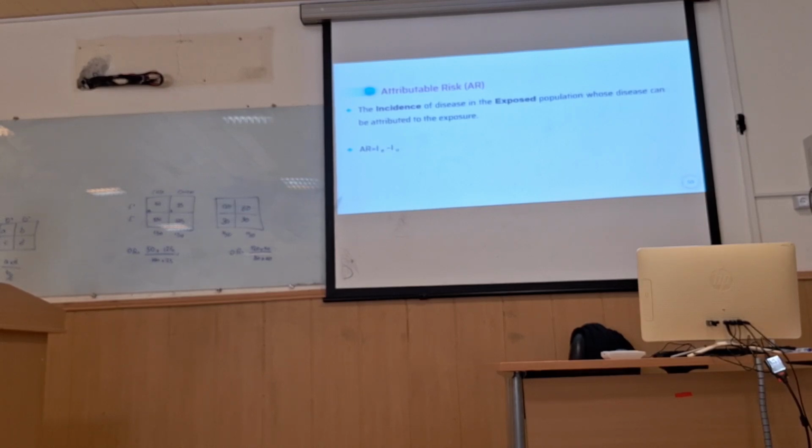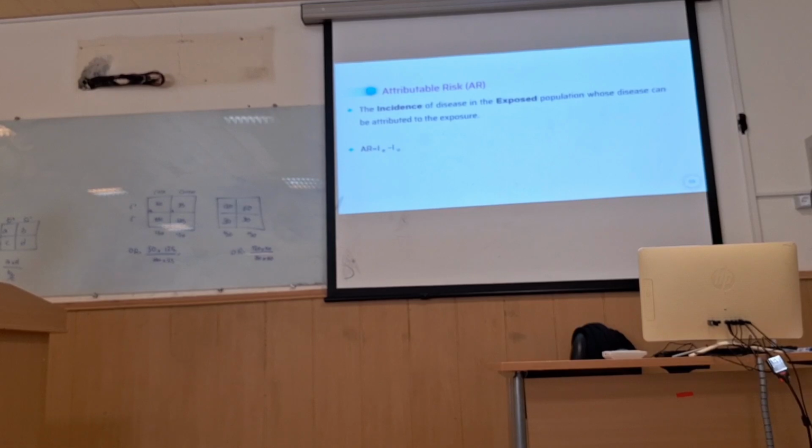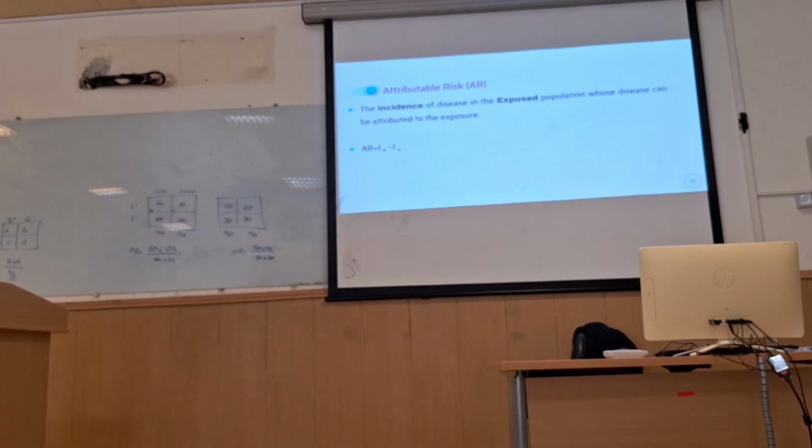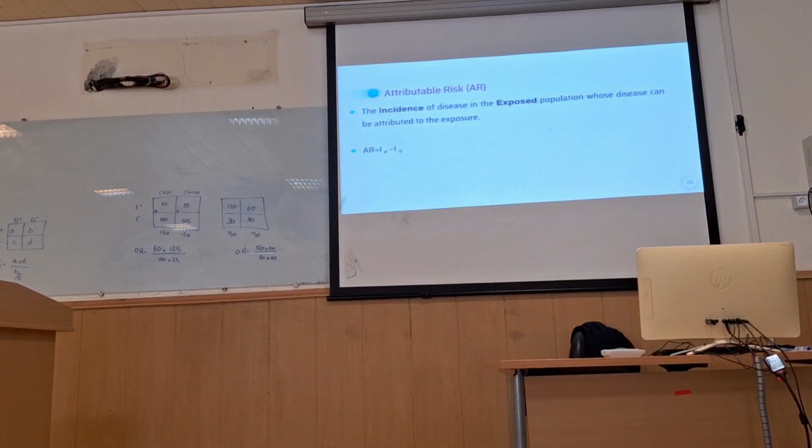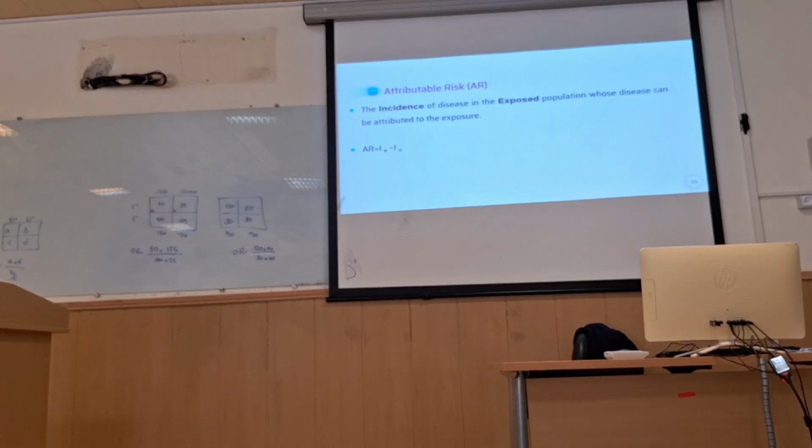No. But you can calculate incidence or risk in cohort and RCT. Why? Because in these study designs, we follow people and we can diagnose new cases, so we can calculate the incidence of a disease. Okay? So attributable risk means incidence in the exposed group minus incidence in the unexposed.